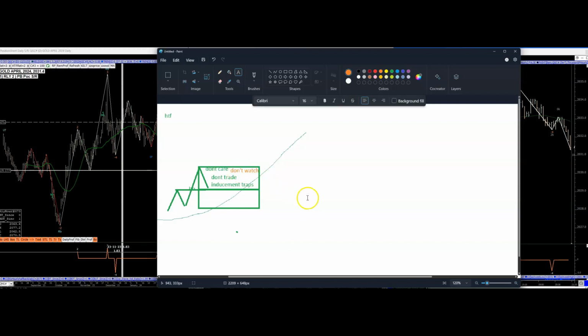Now what happens here is really, really important, because as this thing is pulling back, don't care, don't watch, don't trade. Why? If you're looking at the market here, it's going to cause errors. All right, in this upper rectangle, this is the results.